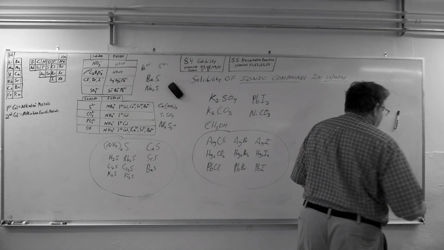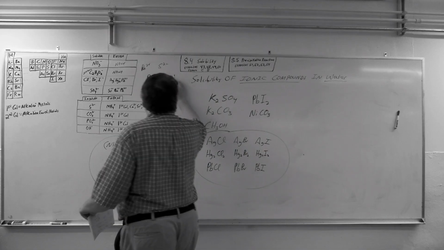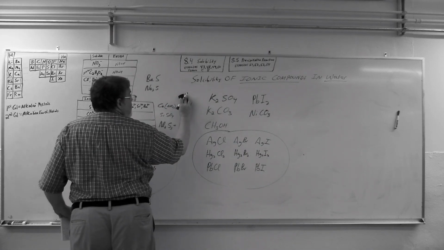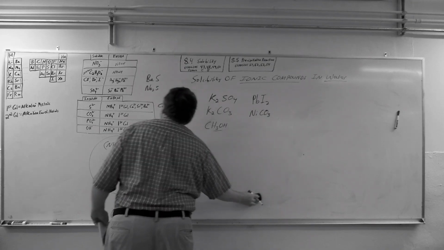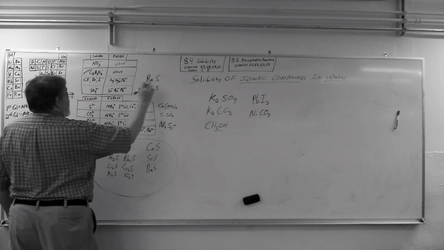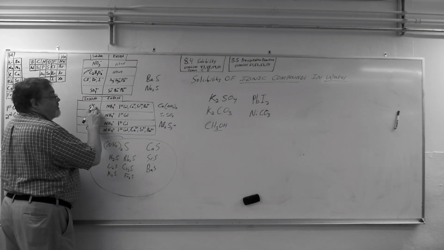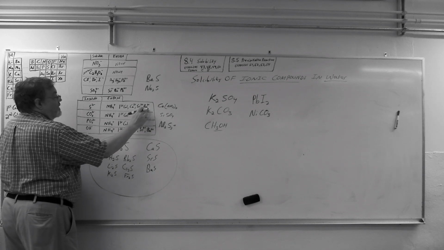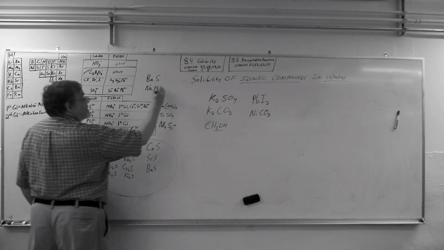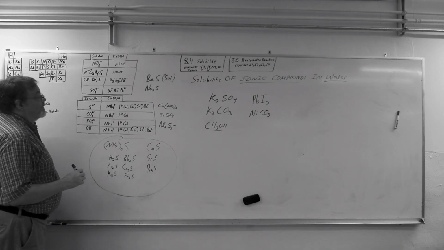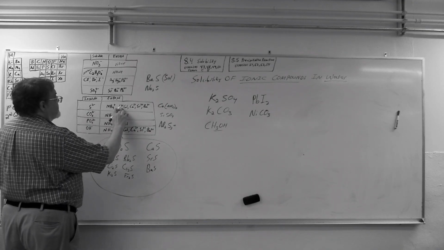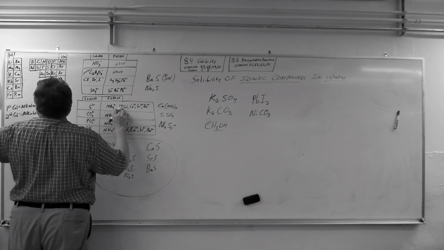So the examples I have. BaS, here's S. Ba is over here. So it's insoluble unless this, so this is soluble. Na2S, Na is in the first column here.